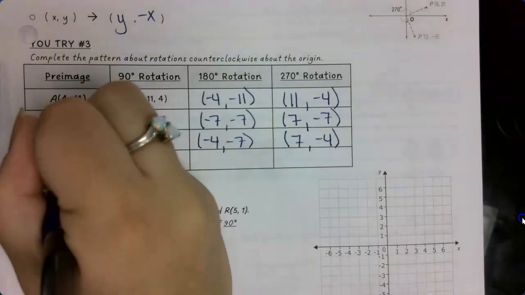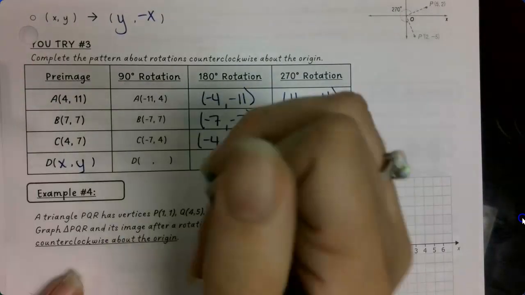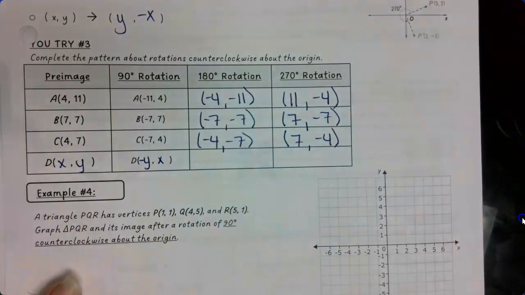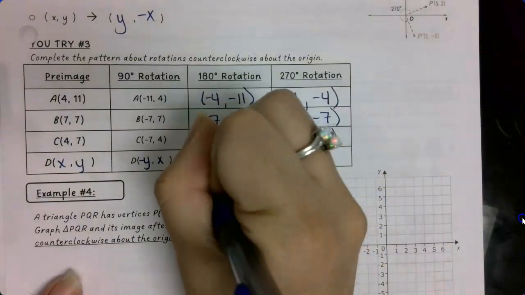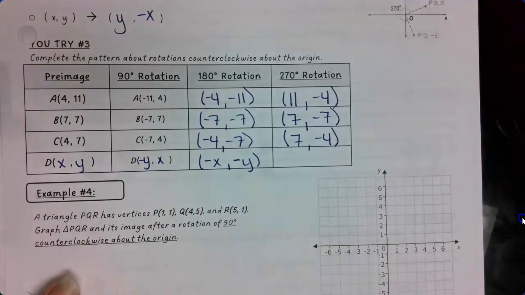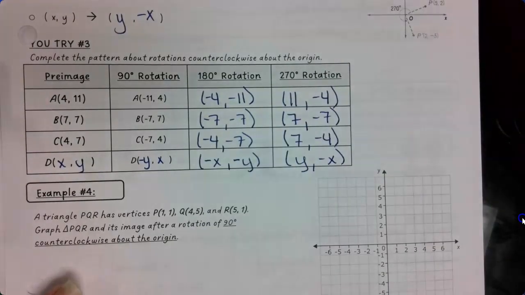So my D starts off, for any random point, as x, y. A 90-degree rotation switches the letters and makes the first one negative. A 180-degree rotation makes both of them negative. And a 270-degree rotation switches the letters and makes the second one negative.